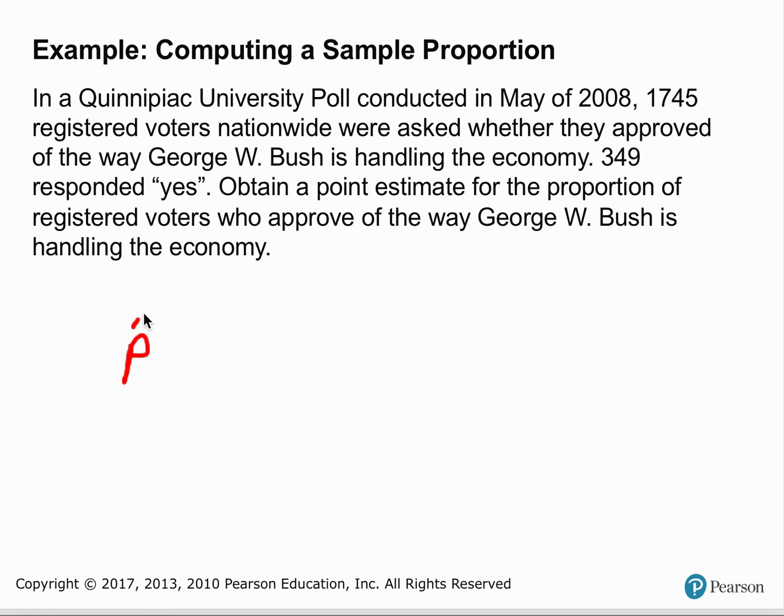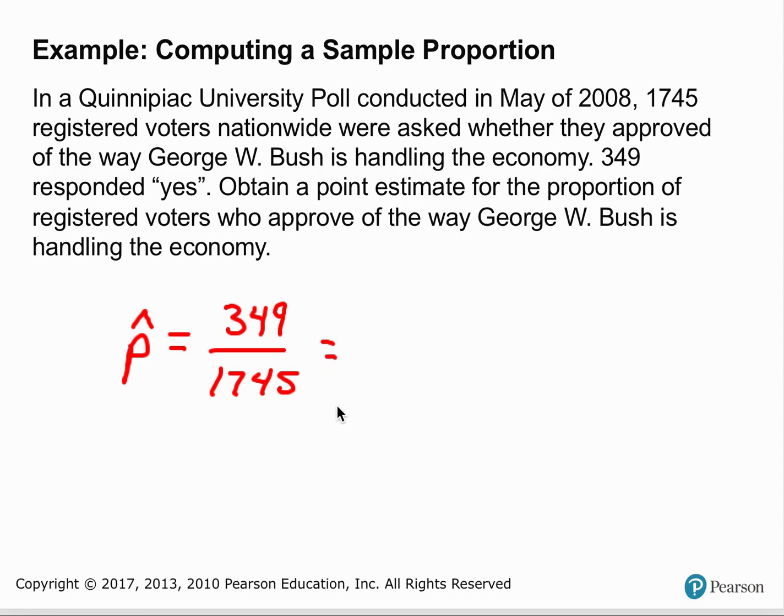So our point estimate is simply X, 349, over n, 1,745. That's all it is, right?